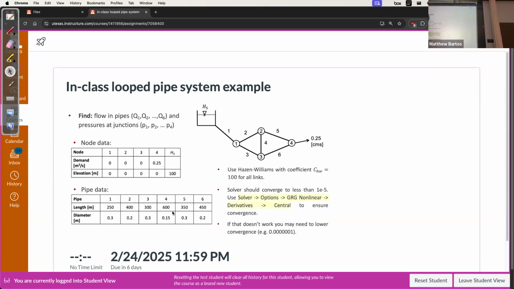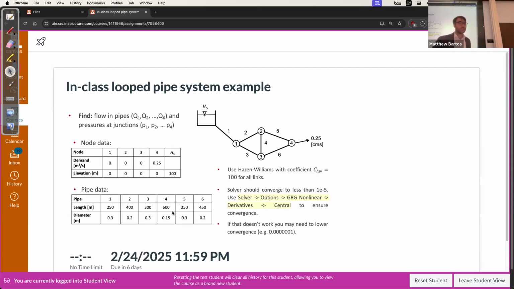There is a single demand flow rate leaving the system of 0.25 cubic meters per second. For each of the nodes, we have the elevation, so the elevation of the ground surface. So nodes 1, 2, 3, and 4 have a ground elevation of 0 meters. The elevation of the water surface in the reservoir H5 is 100 meters. And then for each of the pipes, we have this table of data listing the length of the pipe in meters, as well as the diameter of the pipe also in meters.